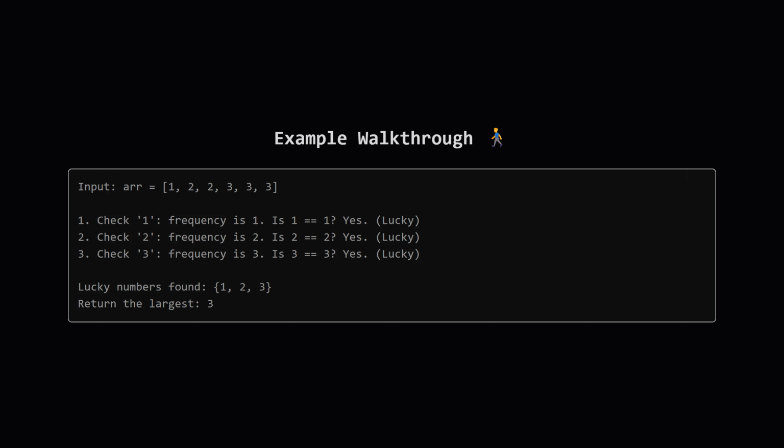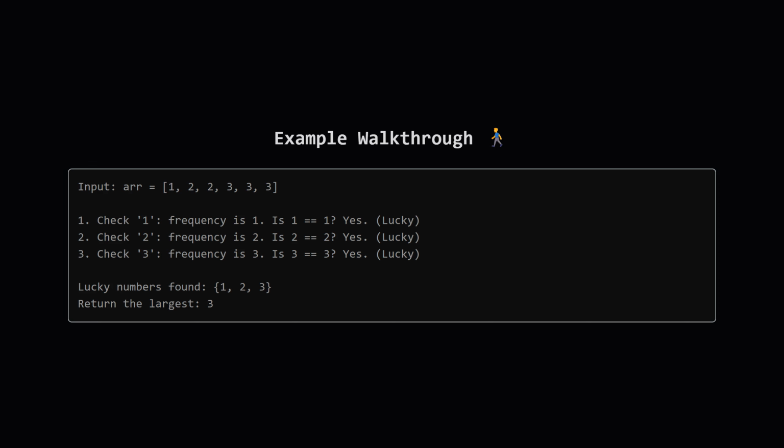Let's walk through an example to make sure we've got it. Imagine our input array is 1, 2, 2, 3, 3, 3. First, let's figure out the counts for each unique number. The number 1 appears just once. Is its count, 1, equal to its value, 1? Yes, it is, so 1 is a lucky number.